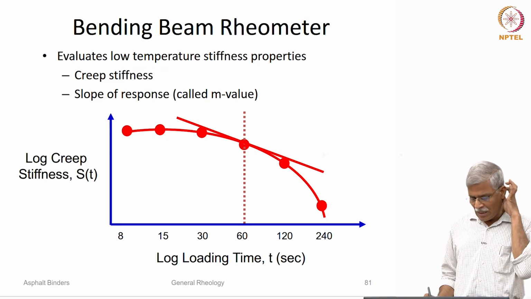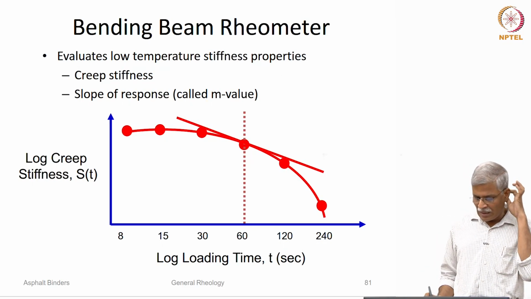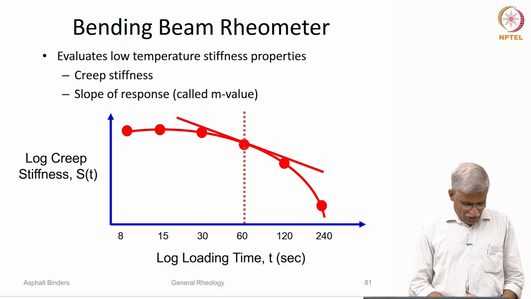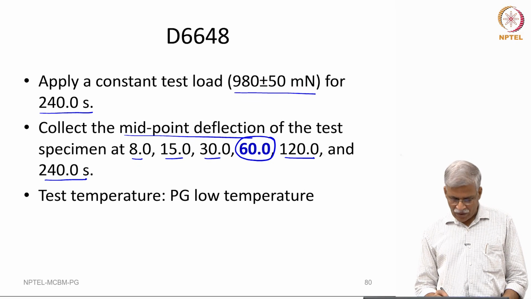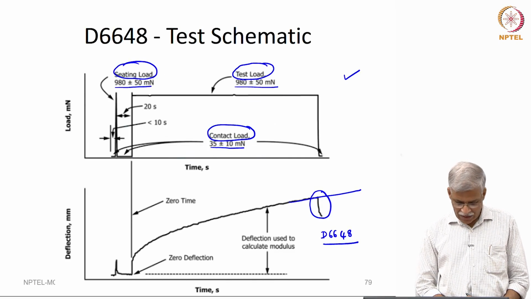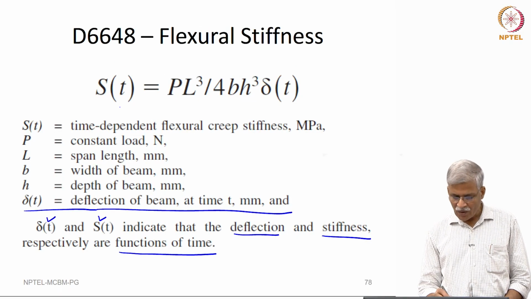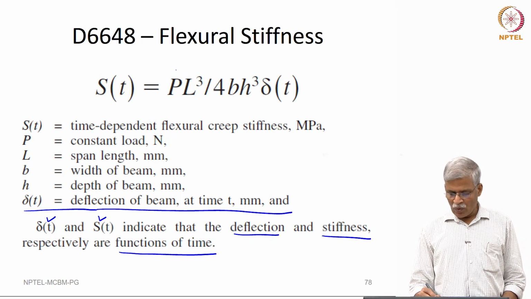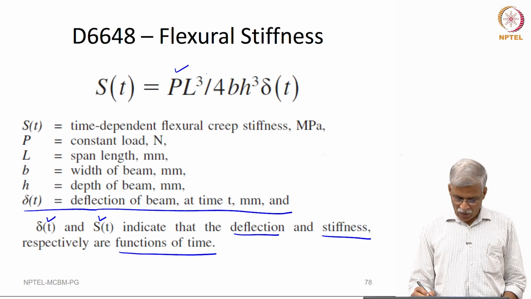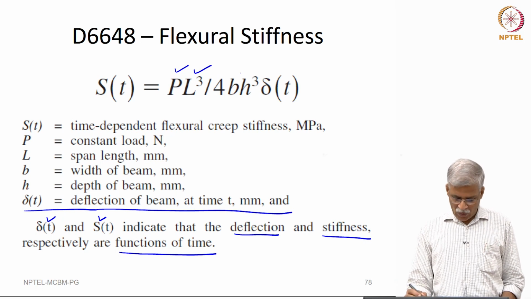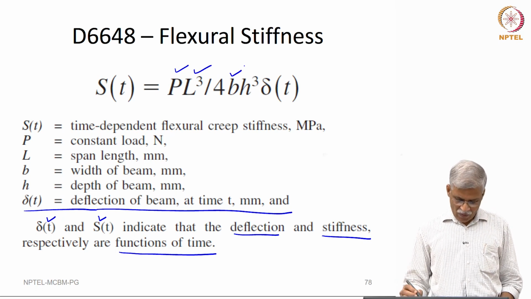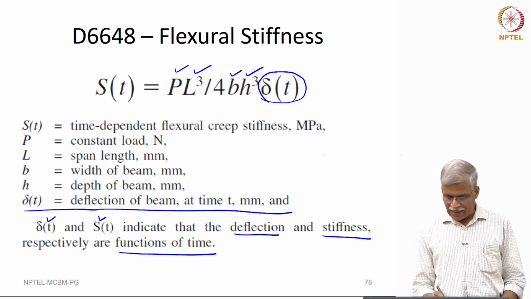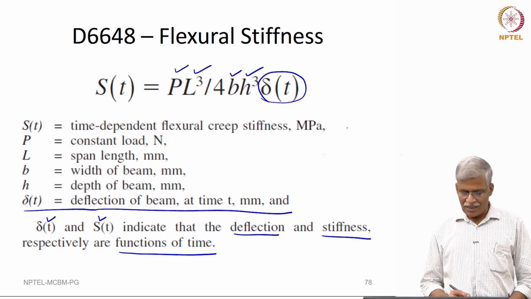So, how does the output look like? We will collect the midpoint deflection, then use this formula, because we know the load that is applied, the span length, the width of the beam, and the depth of the beam, and the deflection is the information that we collect from the test.